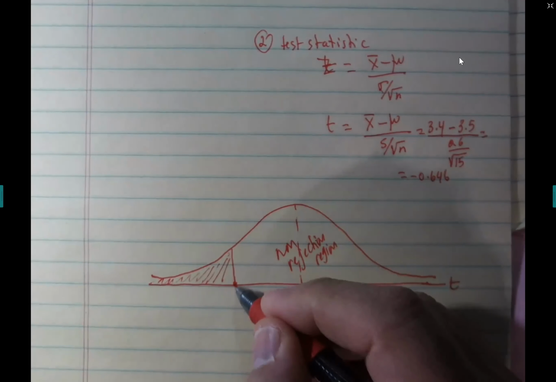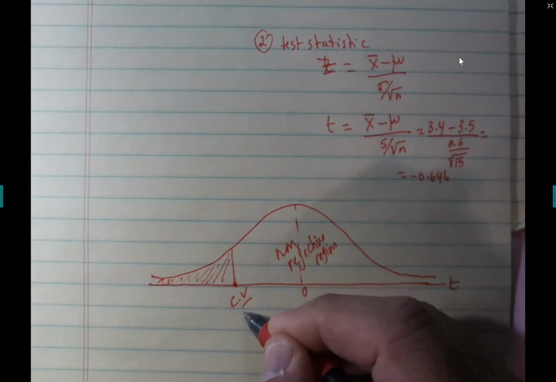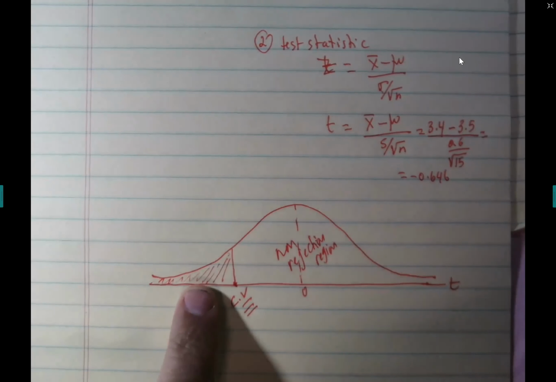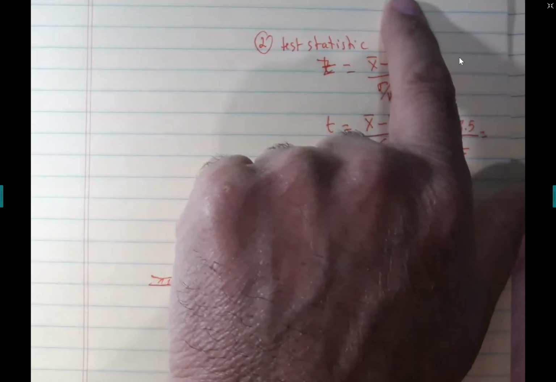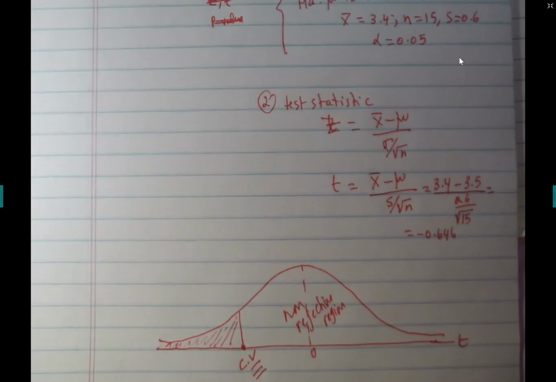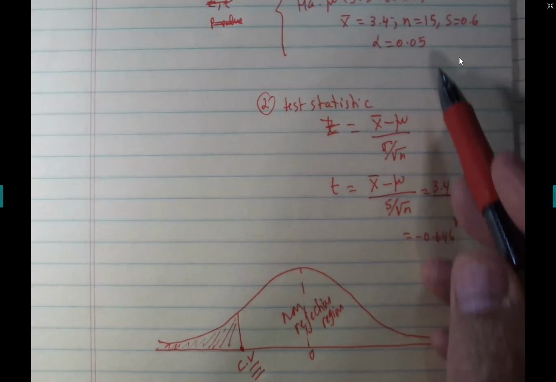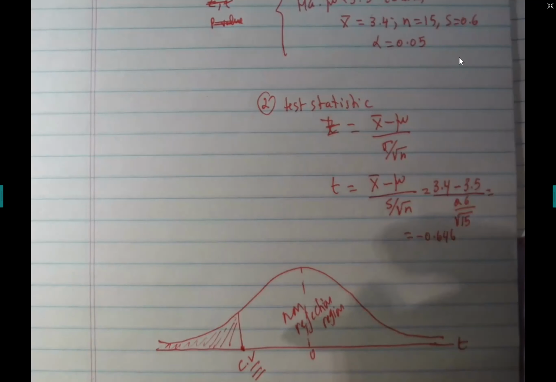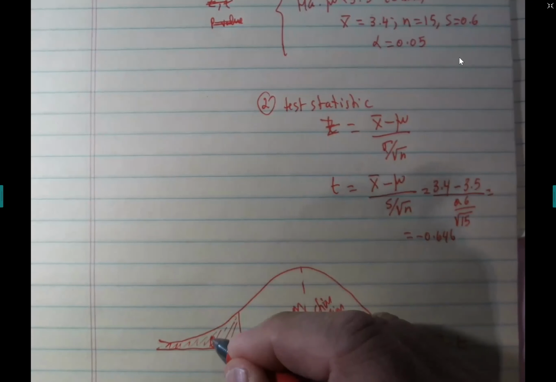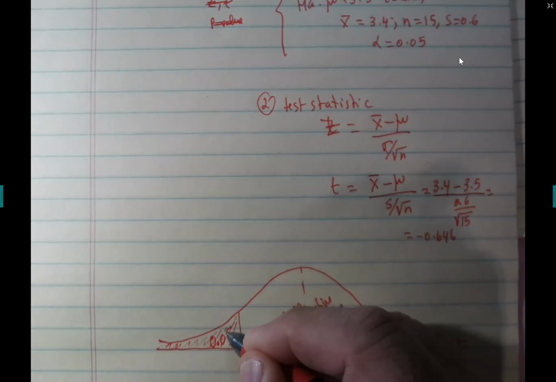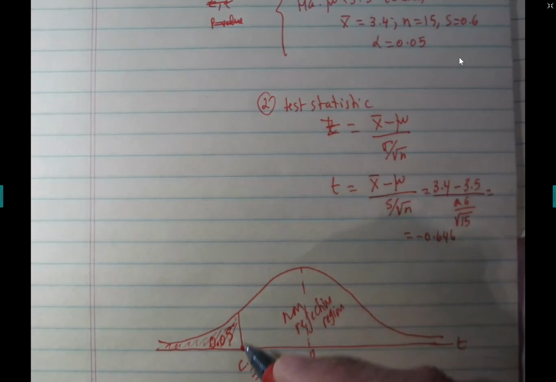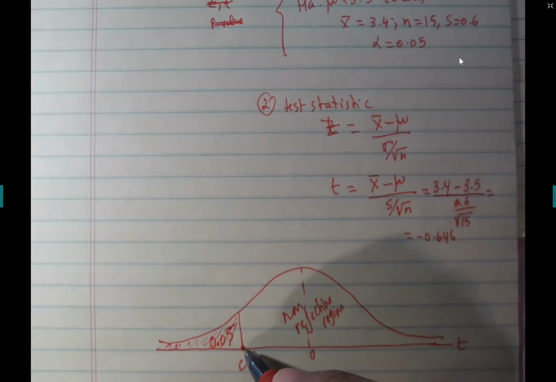Now, this critical value here, in order to find it, I need to know alpha. And alpha is given here to be 5% in the problem, 0.05. So to find the critical value, you need alpha, which is 0.05, and that's actually what I shaded. The critical value is a number for which the area to its left is 5%, and I need to find this number.